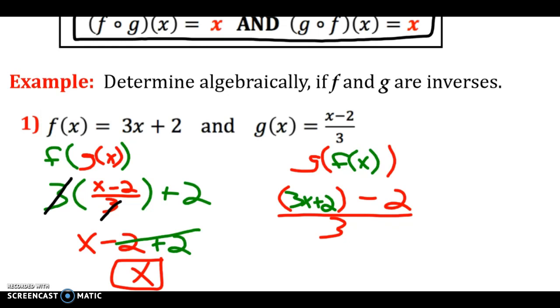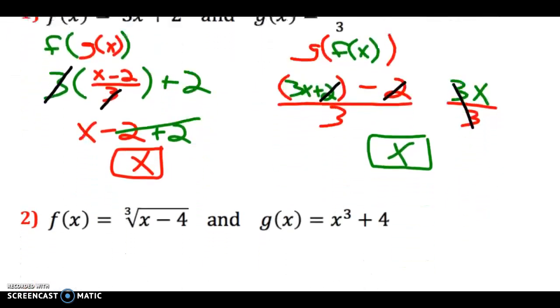There's really no distribution that I need to take care of, so right now I'm noticing that the 2's are going to cancel out. So now I just have 3x over 3. Well, the 3's cancel, so I'm just left with x. So these two functions are, in fact, inverses, since I can compose one with the other and it just simplifies out to be x. Let's see another example here.